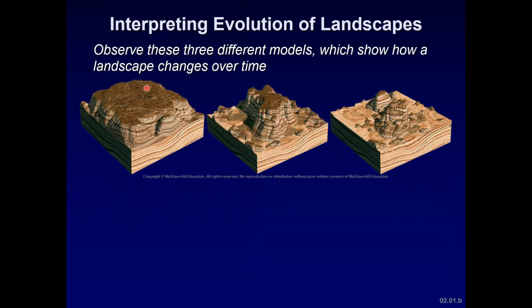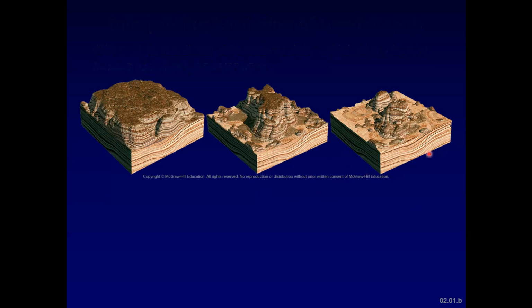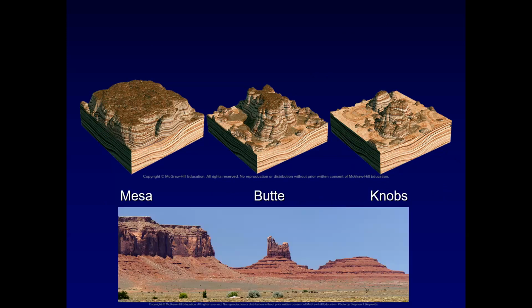We can interpret the evolution or change of landscapes over time. These are 3 different models which show progressive change. The rock outcrop gets progressively lower and smaller in each model, from a mesa to a butte to a series of knobs. Right?